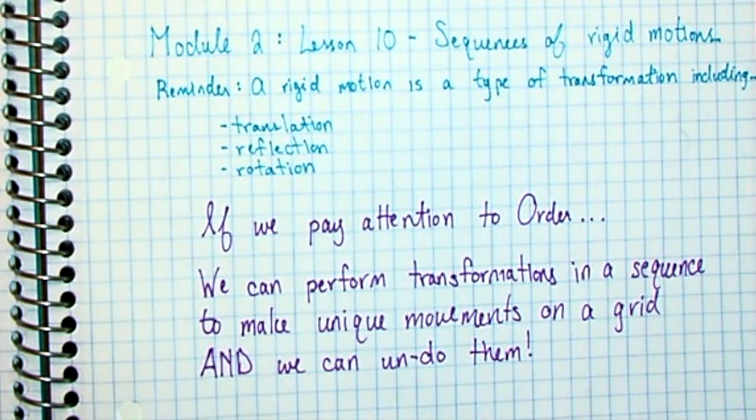So really we can get from a starting point to an ending point and then back to where we began by using the proper sequence and the proper order for our transformations. So that's really important to remember.